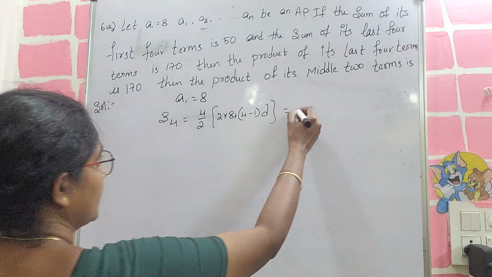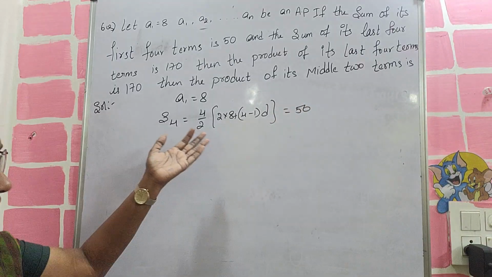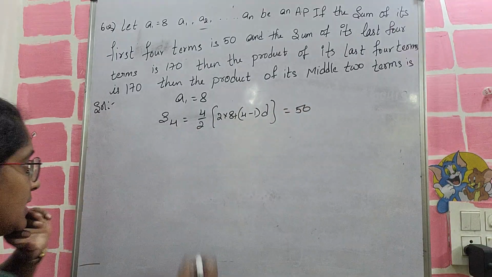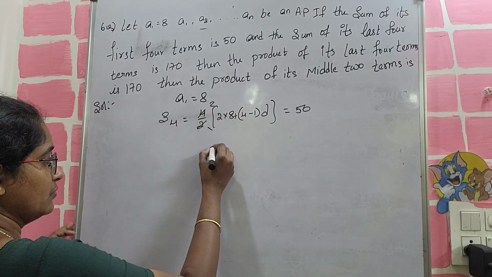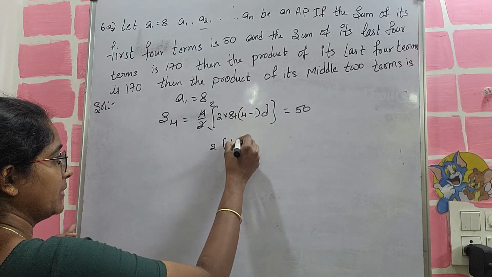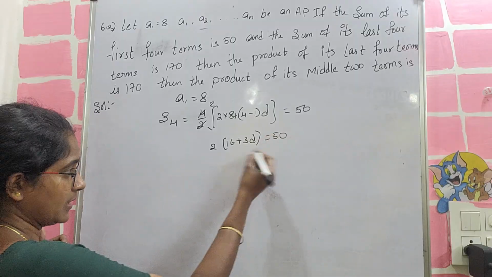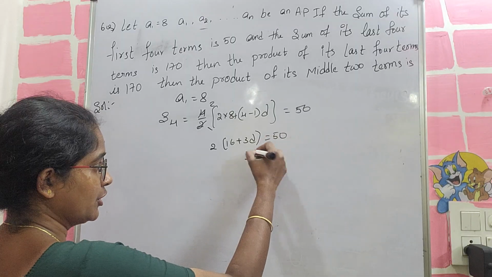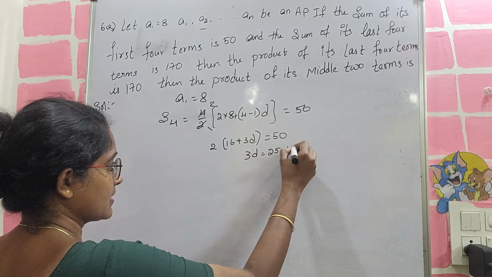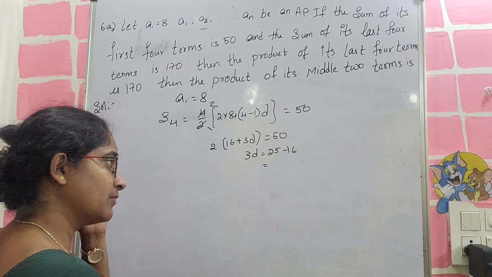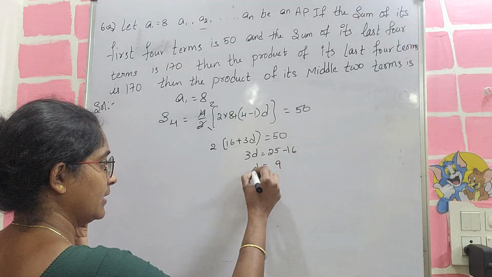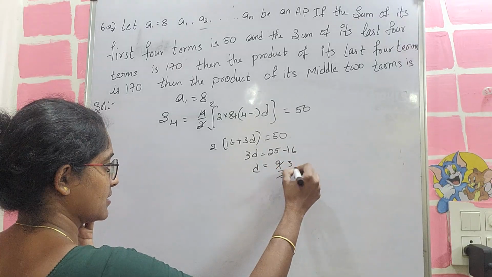The answer is 50. So here we can get the value of d easily. 2 of 16 plus 3d is equal to 50. If I send the 2 to that side, 3d is equal to 25 minus 16, which is 9, and 9 by 3 is 3.